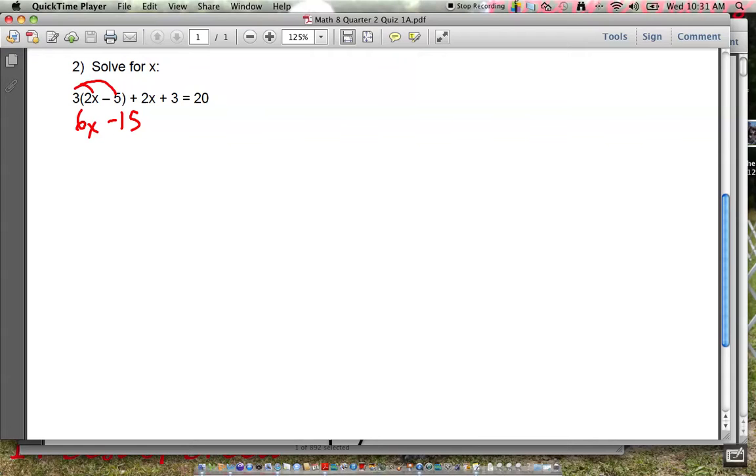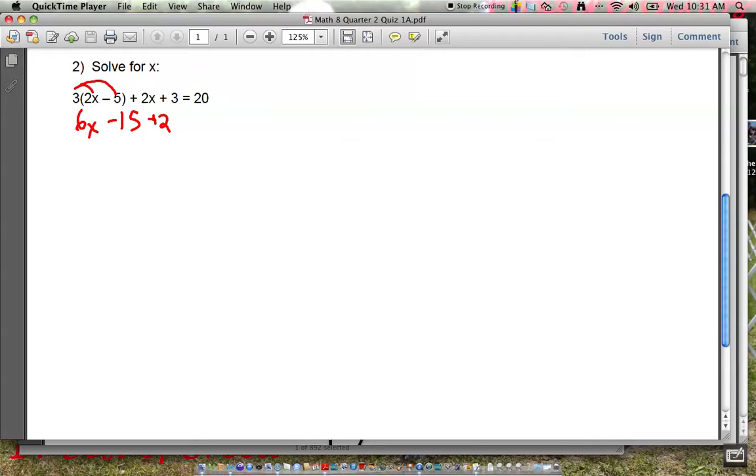If it's more right than wrong, I'm going to give you 15 out of 20. If it's about half right, 10 out of 20. And if it's more wrong than right, but they did do something right, I'm going to give you 5 out of 20. All you needed to do was distribute, and you've got 5 points.